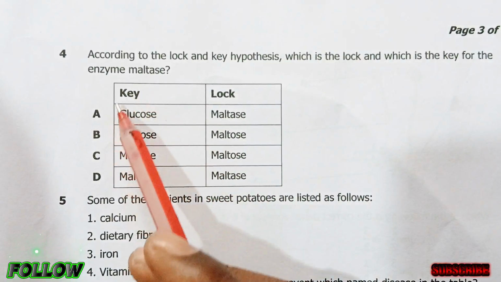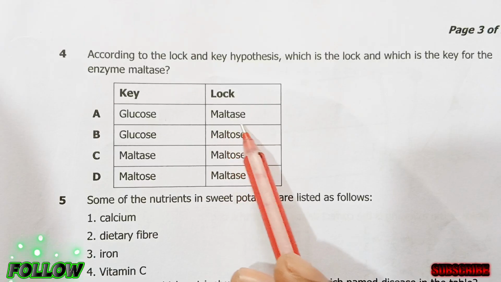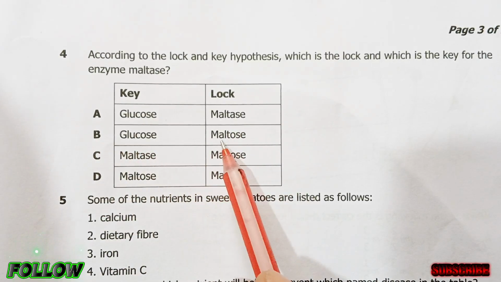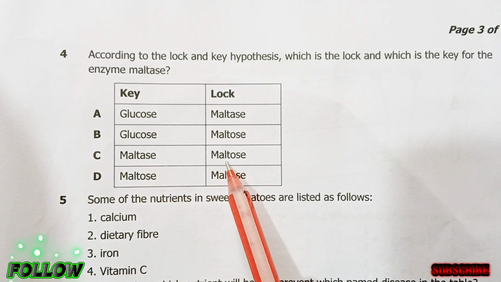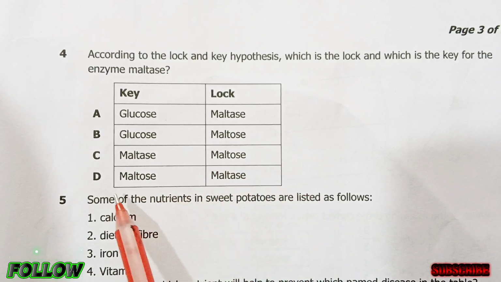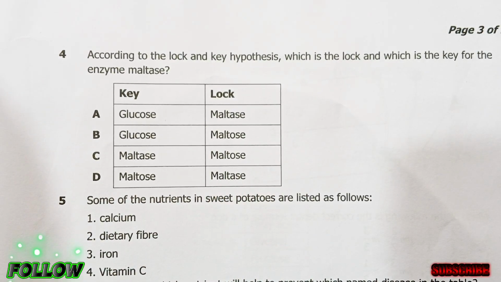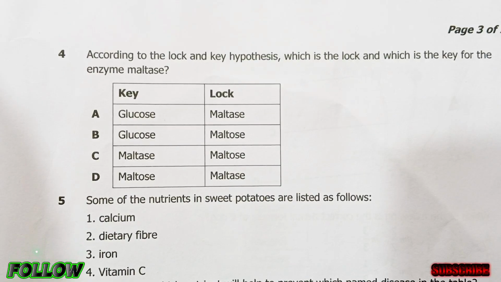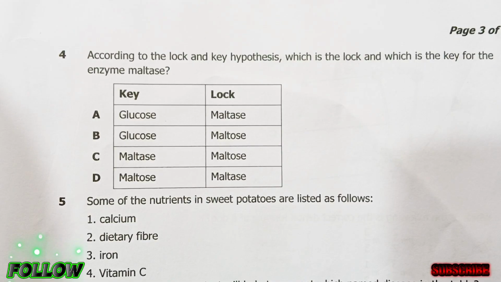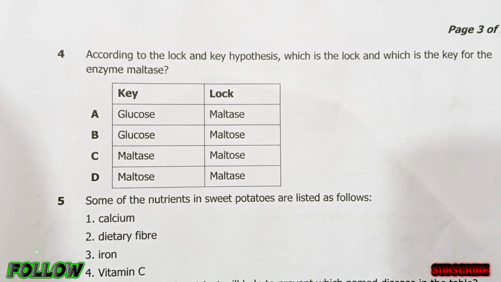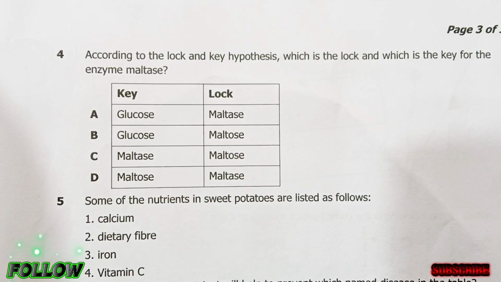According to the multiple choice, there was a key: A, glucose maltose; B, glucose maltose; C, maltose lock maltose; D, maltose maltose. Now, the correct answer here is D, maltose key and maltase lock.